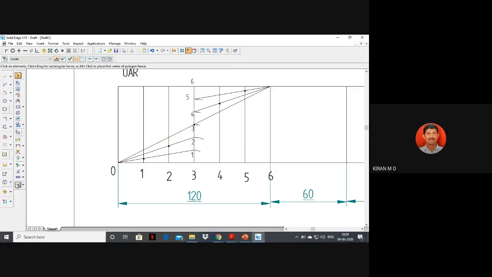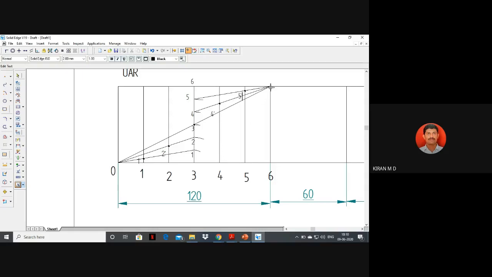Actually, this point is 1 dash, then this point is 2 dash, and this is 3 only, this is 4 dash, 5 dash.